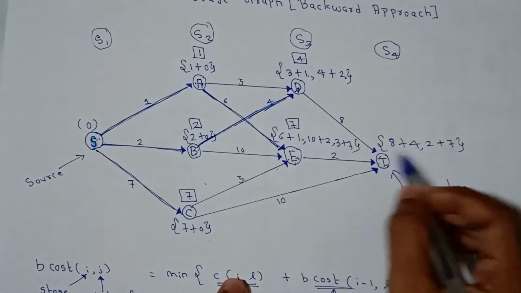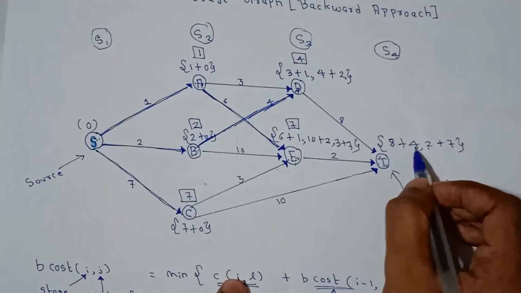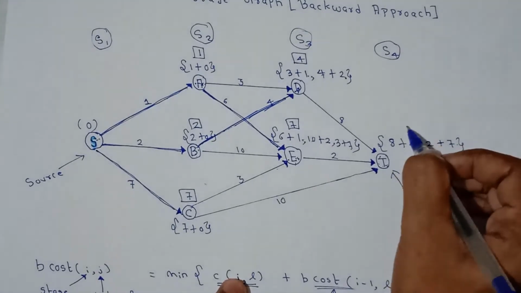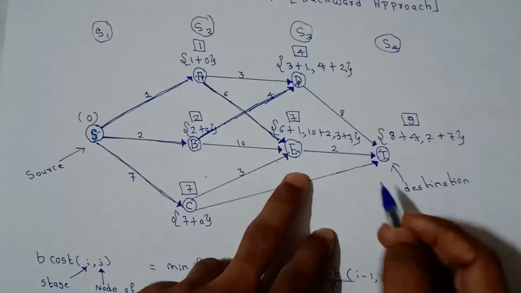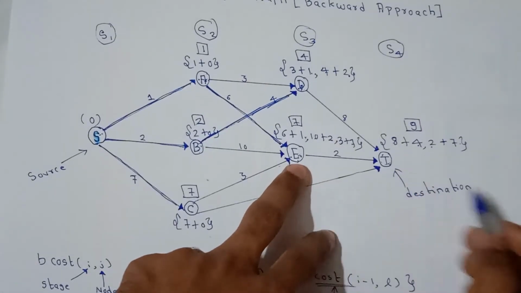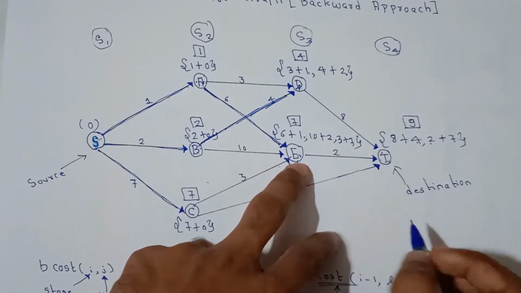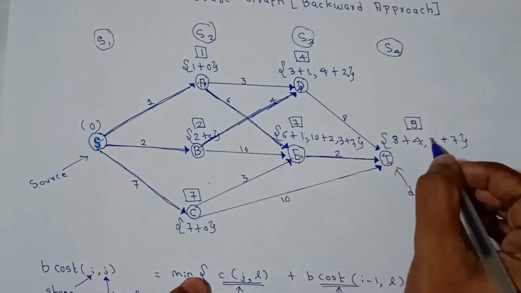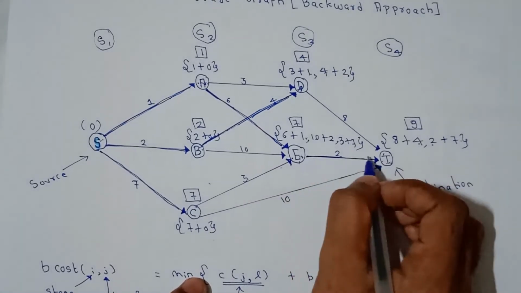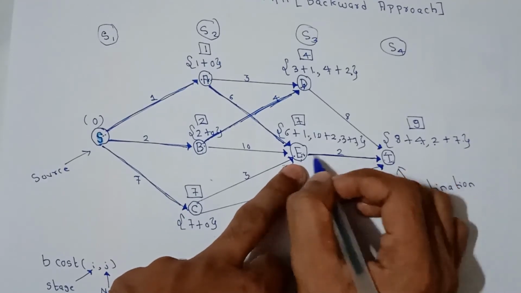The minimum of these is 7 plus 2, which is 9, versus 8 plus 4, which is 12. So the minimum path is 7 plus 2, that is 9, right? So this path will be selected, the edge E to T with 2 plus 7, which is the minimum path. So we will darken it.